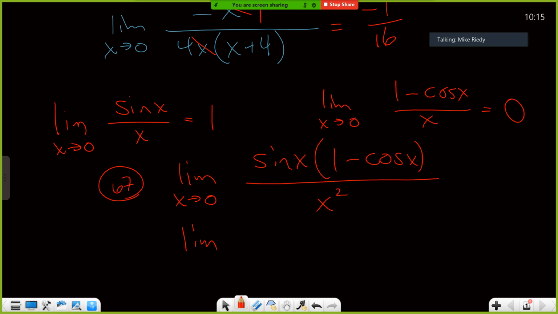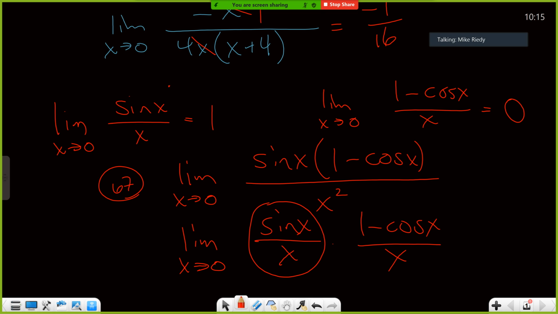What you really want to do, now do you see where I'm going with that? This I know, it's right here. This I know, it's right here. 1 times 0, 0. Because remember, the limit of a product is the product of the limits.